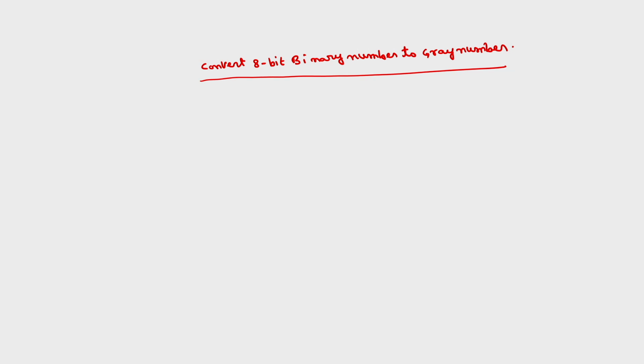The next program is conversion of binary into gray. Convert an 8 bit binary number into a gray number. Now, how to write the program for this conversion. Okay. Let us assume appropriate memory locations.